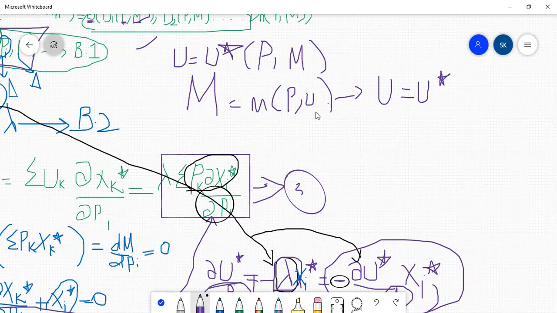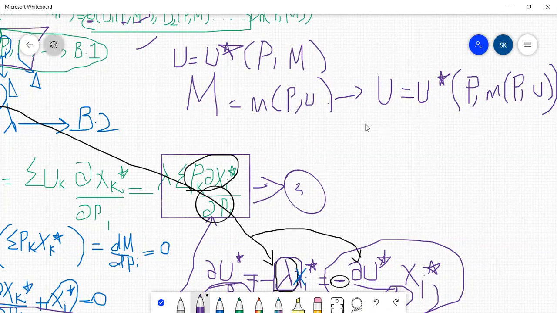By substituting this into it, U is equal to U star, P, and in place of capital M, we will write m P U. So we have incorporated the expenditure function in the indirect utility function. Now we differentiate with reference to Pi.